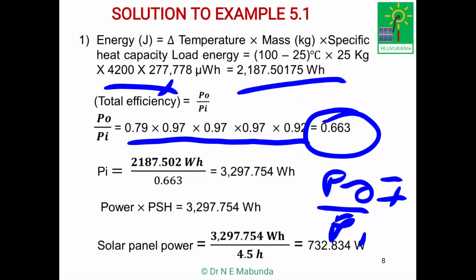So from that formula, we just make P in the subject of the formula, and that will give you the power. But now it's the energy rather, sorry.